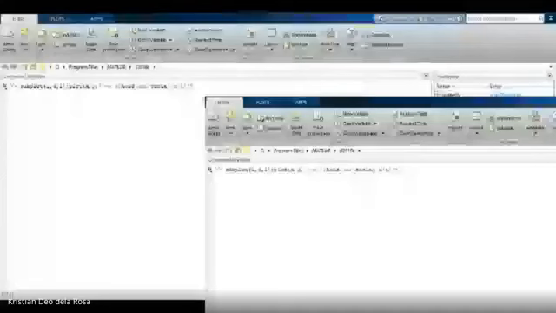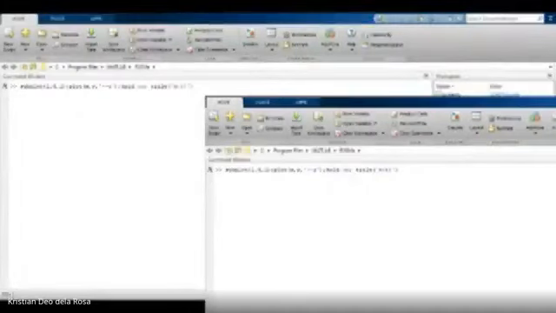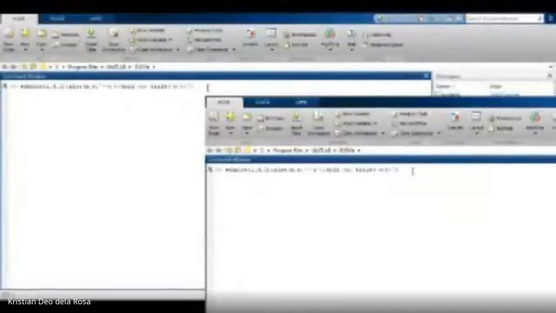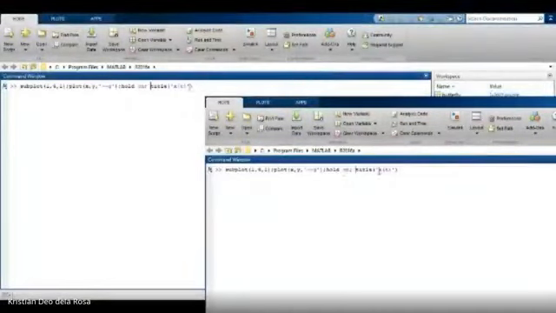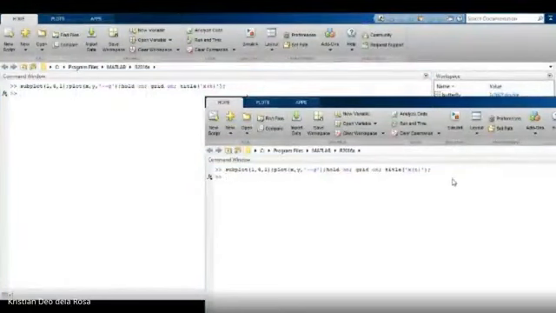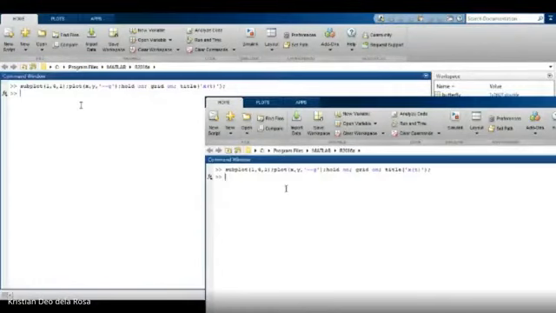Okay. Now, what's next? Should I put some grid on? Yeah, I should put some grid. Okay, grid on. Title is x comma t. X is a function of time. So press. Ooh, it's looking pretty good. Ah no, this is x comma y.